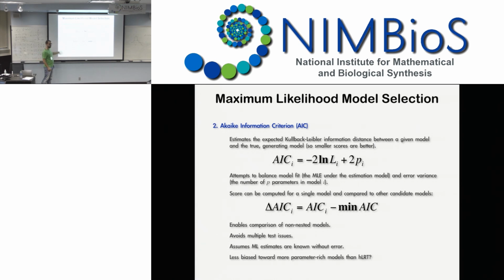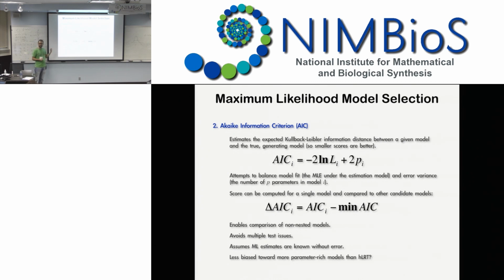Then you order all the different models based on their AIC values, and you take the one that has the lowest AIC score as being the best model. It has the advantage that you can do that for non-nested models. In principle, the best model is the one that has the lowest score. The question is still whether it's significant, and there are some significance thresholds used in the literature to say if that value is actually the best one.